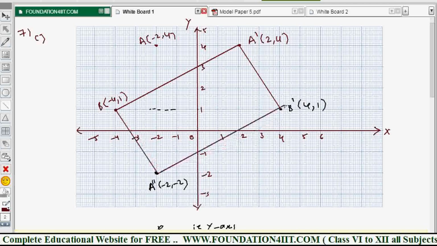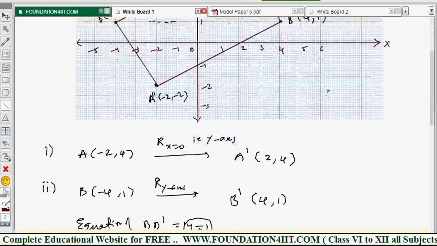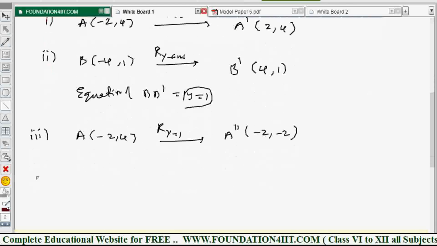So opposite sides are parallel and opposite sides are equal. So it's a parallelogram, right? Simple. Therefore B dash A dash B A double dash is a parallelogram.